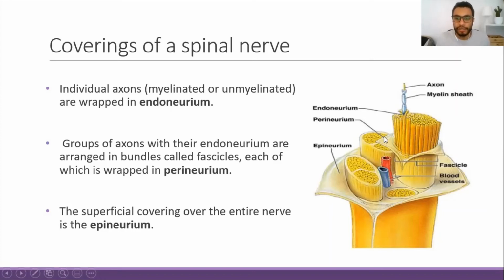And finally, the most superficial covering of the entire nerve is the epineurium. This covering covers many different fascicles, and also covers blood vessels that will provide nourishment for these nerves.